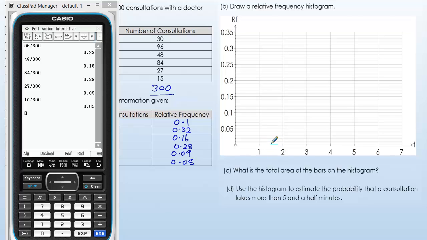So that's going to go just here. And then the next one goes from 2.5 to 3.5 with a height of 0.32. So that's going to go to there. Like so.